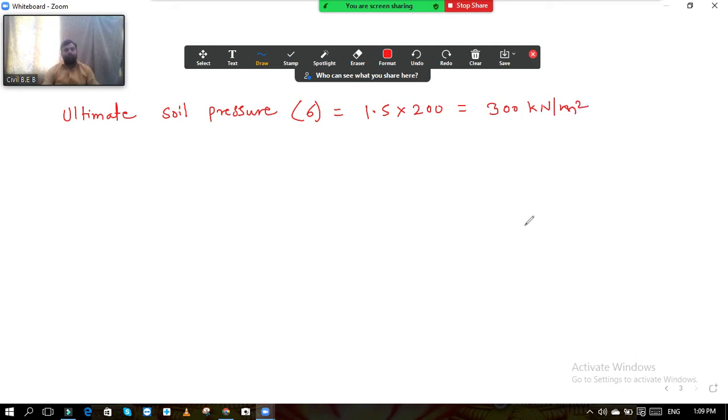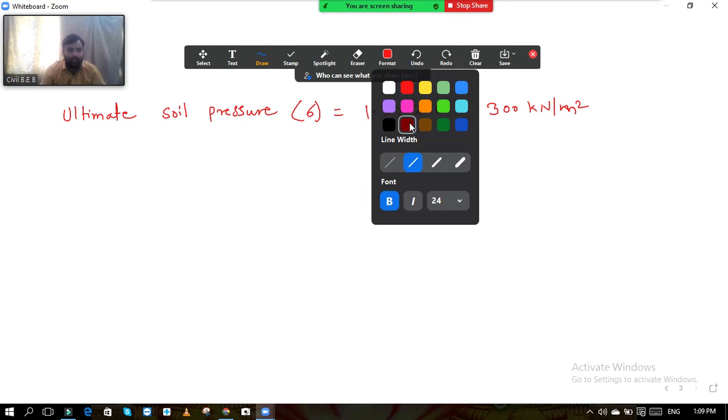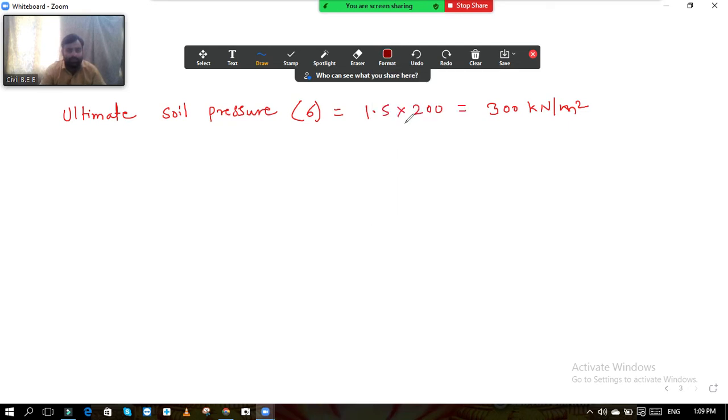The rest of the procedure is the same as what we have seen in the design of the square footing. Now we will calculate the depth by one-way shear, by two-way shear, that is the punching shear, and then we will check the depth, and then we will calculate the bending moment. So first we will calculate the depth from punching shear consideration.